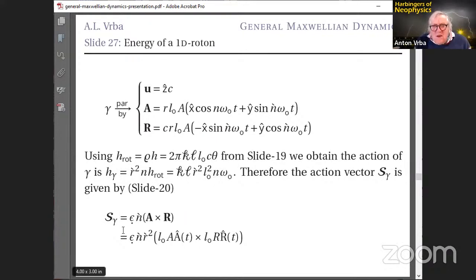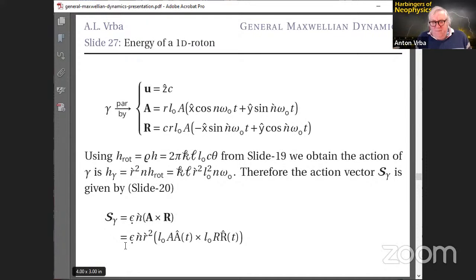So I can say that the action is epsilon 0 n a cross r. This is very much like the Poynting vector, which is 1 over mu e cross b. It should actually be b cross e.